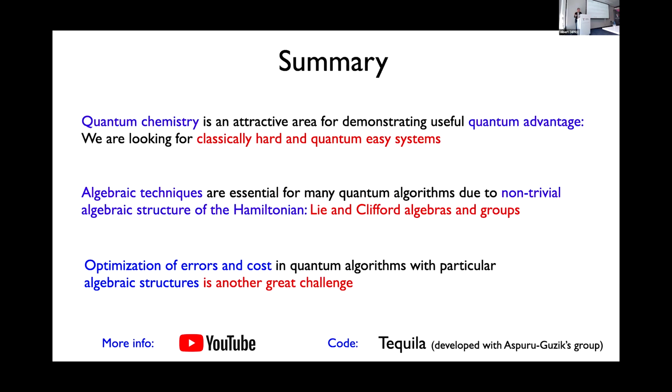Algebraic techniques, I believe, are the ones that are going to tell us what methods and what systems will be easy for the methods coming from the quantum computing side, and optimization of errors and cost of these quantum algorithms is a great challenge. That's going to be addressed by the next two speakers, I hope.